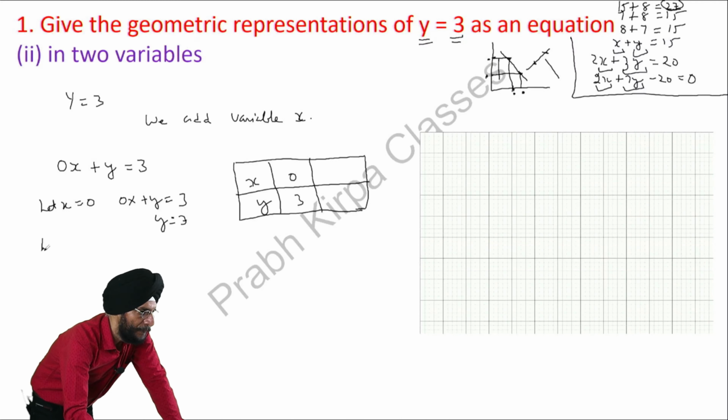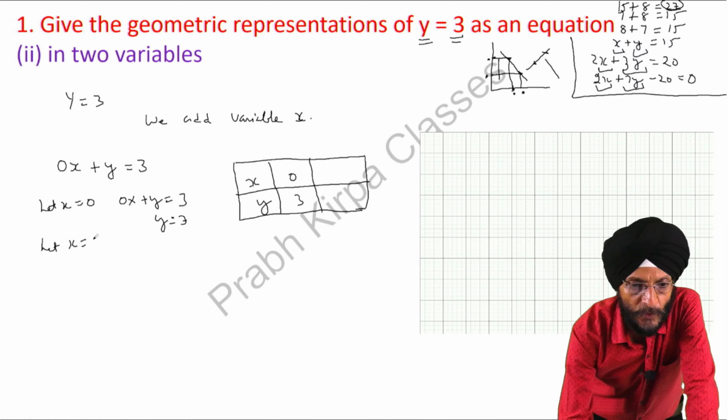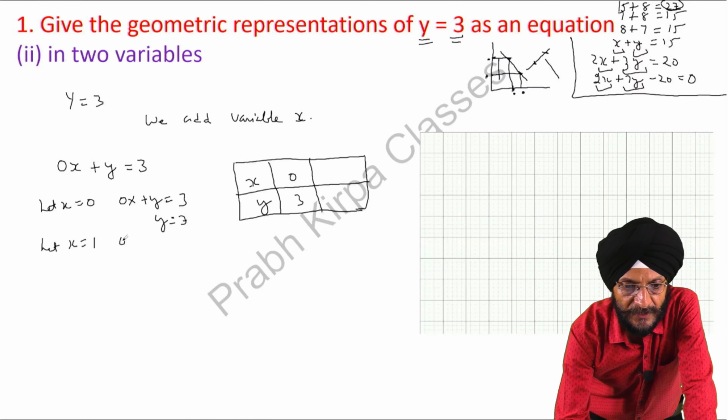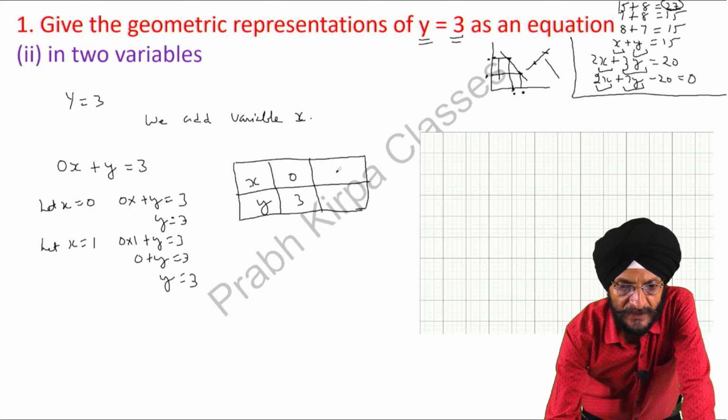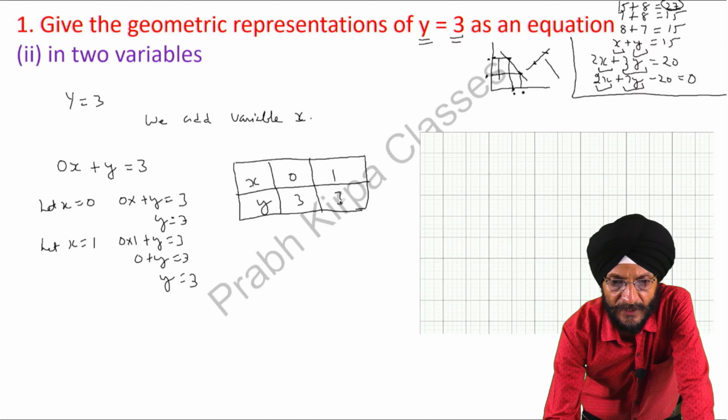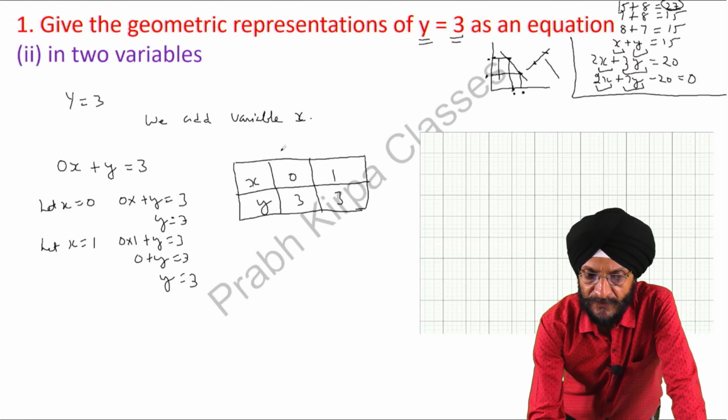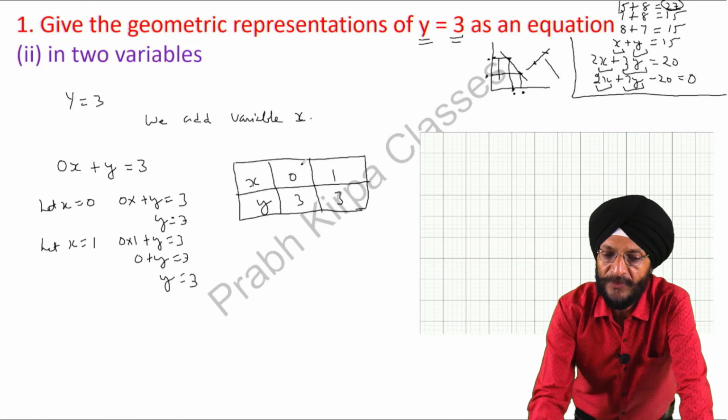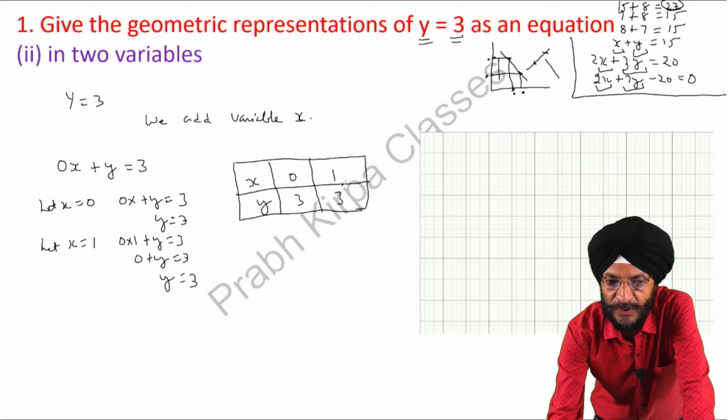Now let x is equal to 1. Then 0 into 1 plus y is equal to 3, so it will again be 0 plus y is equal to 3, y is equal to 3. So x is equal to 1, y is equal to 3. We will now form the graph on the basis of these two solutions.